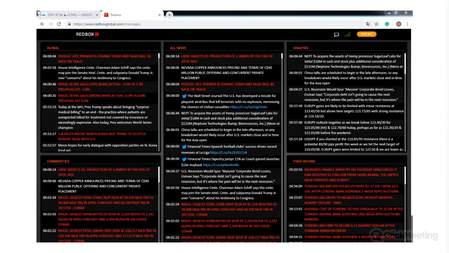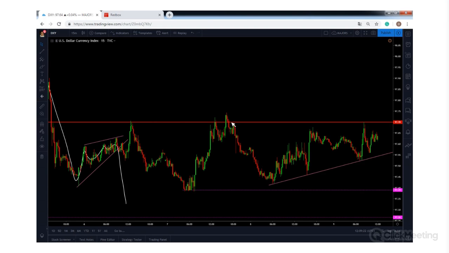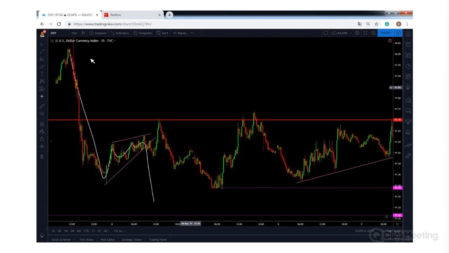Let's start by looking at the DXY. The 97.70 level is this red line right here. This is the 50-minute chart on the DXY. Right here you can see that last Friday on non-farm payrolls we had a huge bear run on the US dollar.